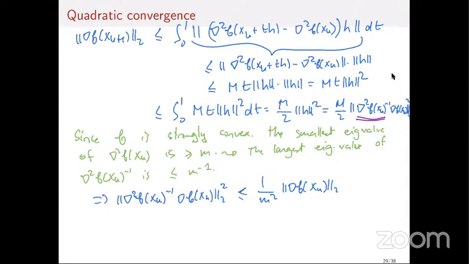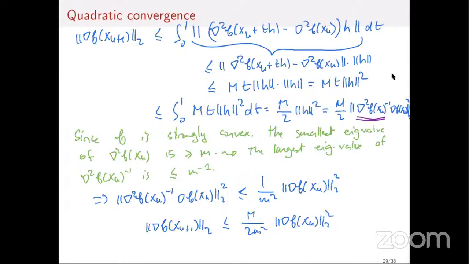Okay, so now the proof is done. If I just recap, I get that the norm of the gradient of f at xk plus 1 is less than m divided by 2m squared times the norm of the gradient of f at xk squared.